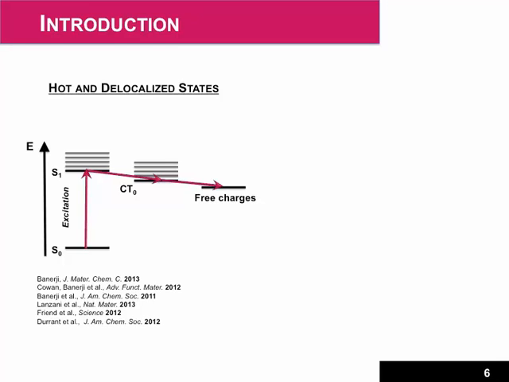So let me say a little bit more about these hot and delocalized states. If I take the simple picture that I presented on the previous diagram and translate it into a free energy level diagram, you get this picture of all the different electronic states. The idea is that you excite your polymer, you go to the excited state, the S1 state, then you form the charge transfer state, and then the free charges.